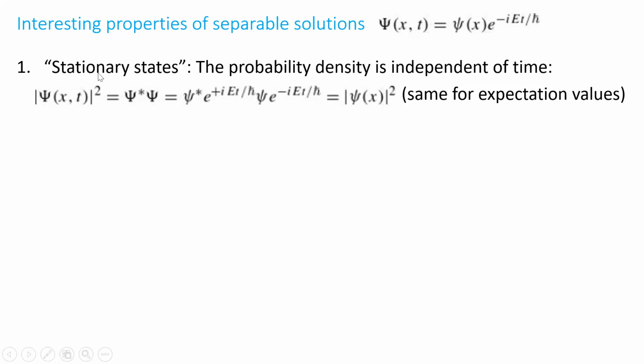And that's why we call it a stationary state, because the probability density does not evolve or oscillate or otherwise change in time. And this same property, that the exponentials cancel, also holds if you calculate expectation values, the expectation value of x or p or energy.